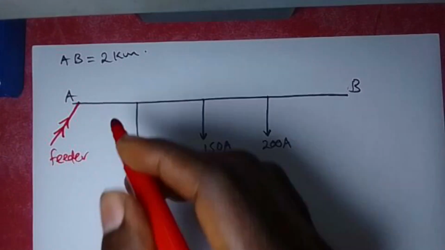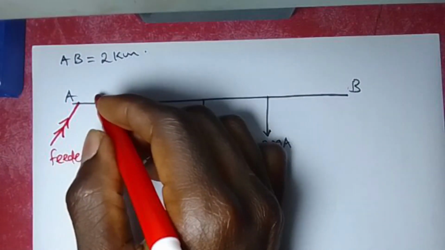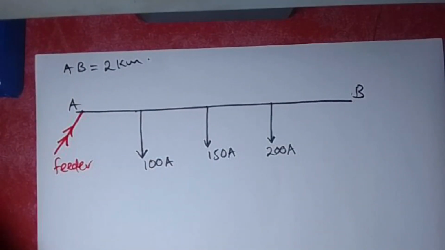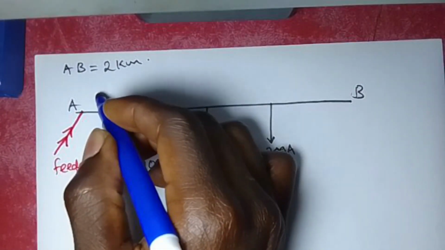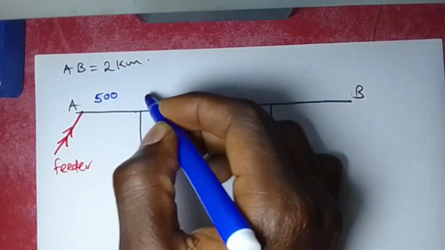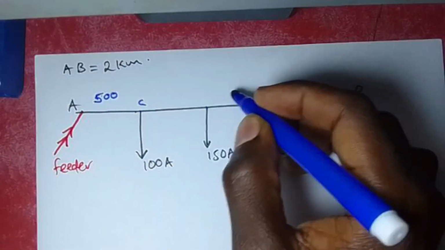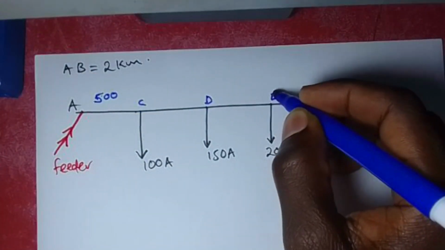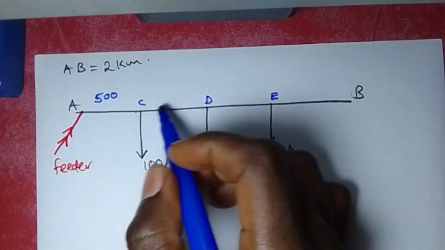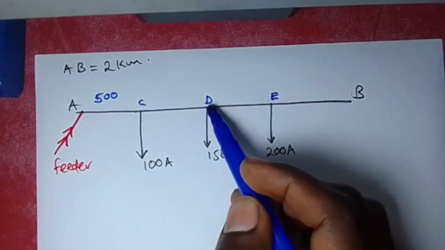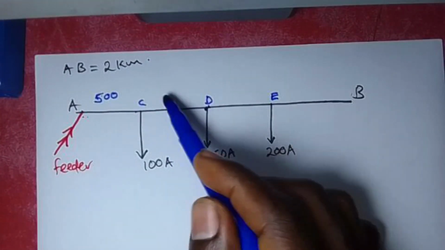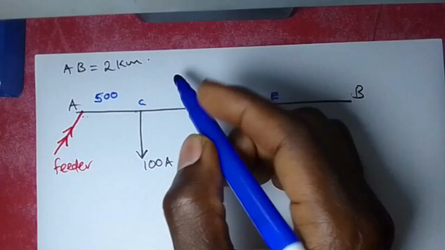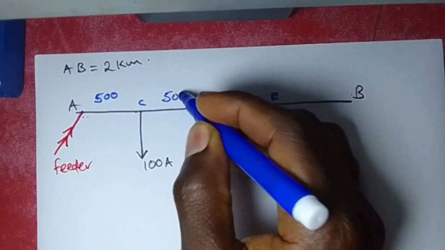So from here to here, we expect the distance to be 500. So from here to here is 500 meters. Let me call this point C, point D, maybe point E. Then we expect the one from here up to here to be 1,000. So if from here to here is 1,000, that means here to here is still 500.